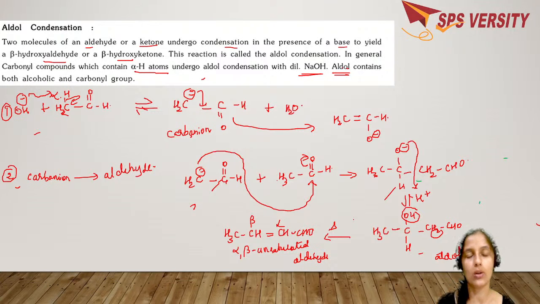If you take a ketone also, the reaction will proceed in the same way, and at the end you get beta hydroxy ketone instead of beta hydroxyaldehyde. Why do you call it beta hydroxyaldehyde? This is the functional group, this is the alpha position, this is the beta position. At the beta position you have an OH group. If you take the ketone, you get C double bond O and an alkyl group over here, so this becomes beta hydroxy ketone.